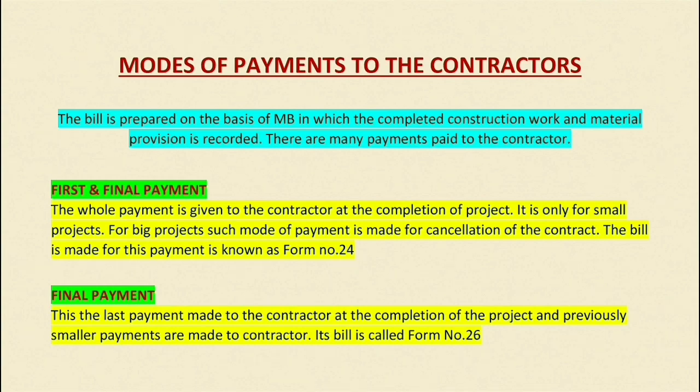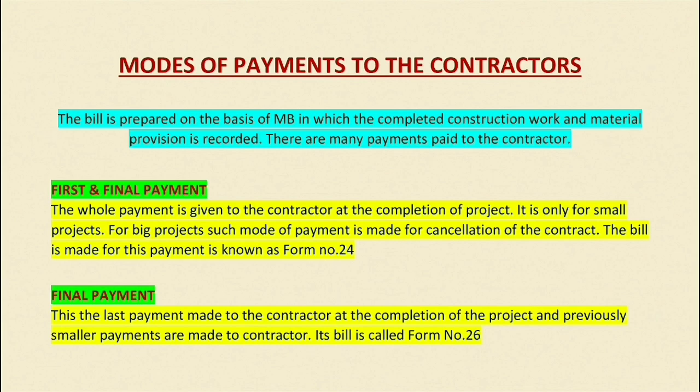What the contractor has done at the site so far, he records in the measurement book, and payment is made based on that measurement book. This is known as his actual work. So this is how payments are made to the contractor.